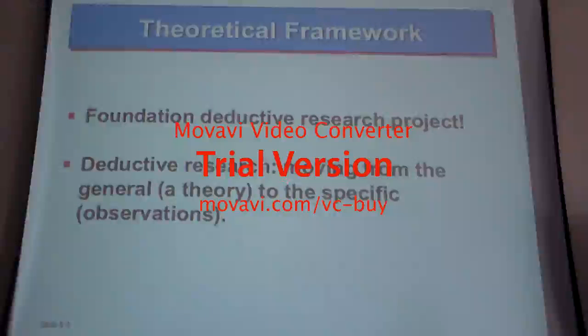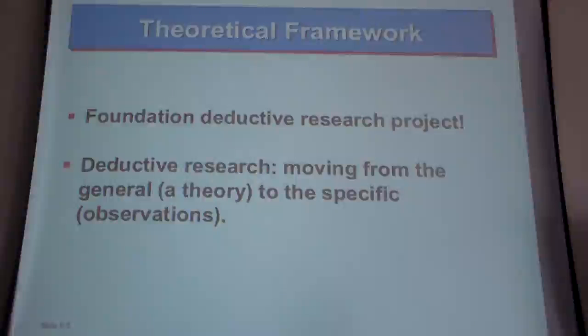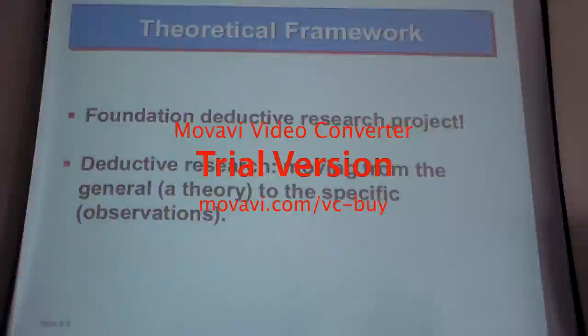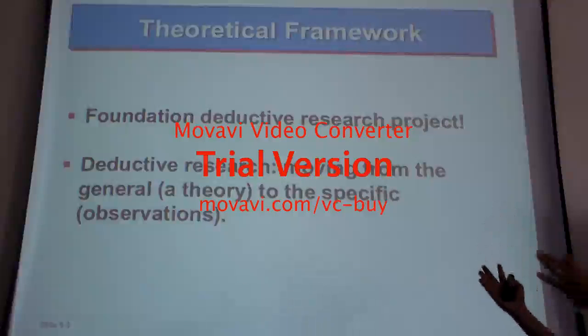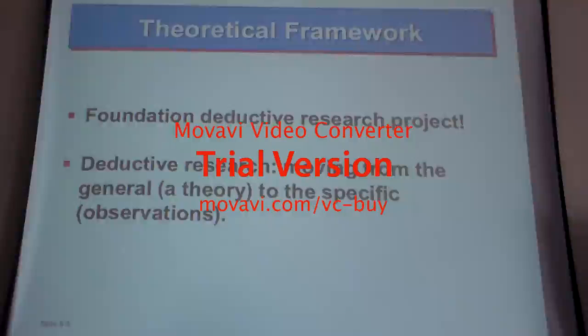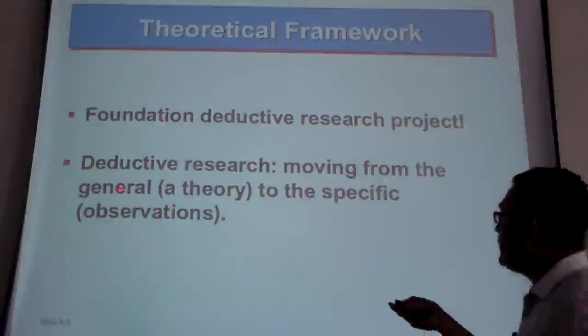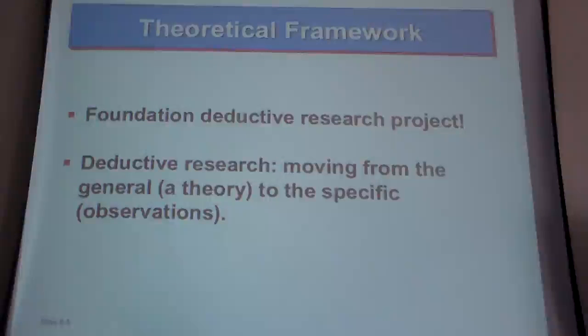So deductive research, to move from the theory, we should look at the theory behind that switching. Why those employees are switching from our organization to another organization. So we should look for the reasons. What are the reasons that make them move from our organization to another organization? And then, at the end of our research, we should deduct or conclude something.